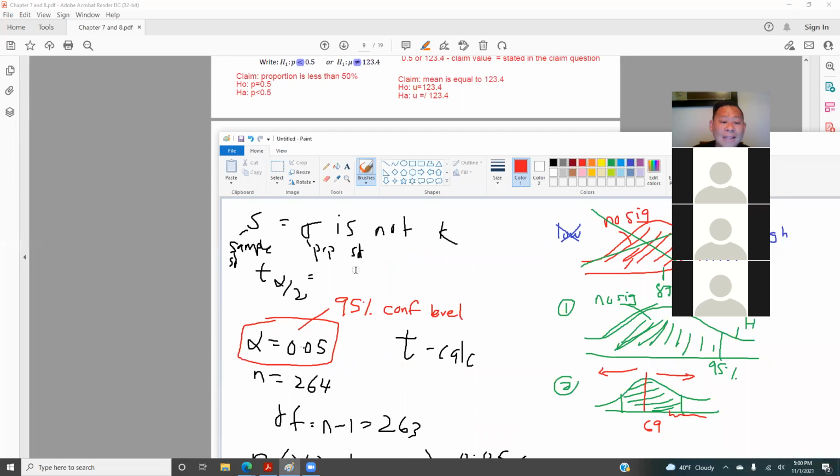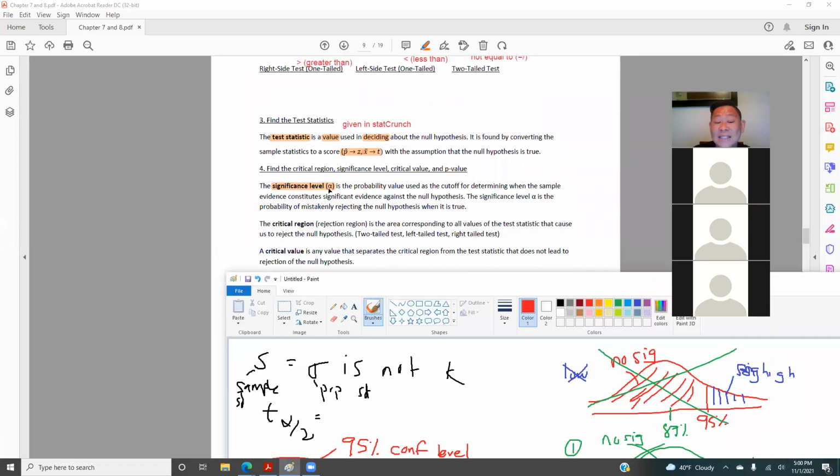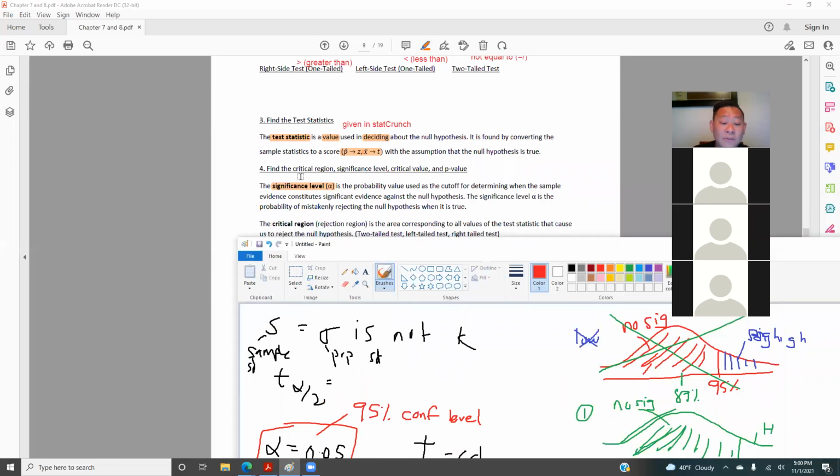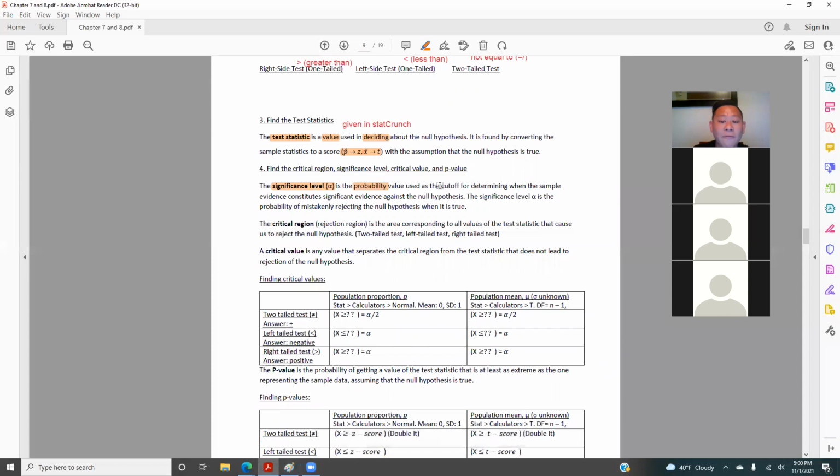We call that your significance level. Okay, so this alpha is called the significance level, the probability of a cutoff value that is used to determine whether you are rejecting or accepting the null hypothesis. Okay, so we call it alpha, a probability.